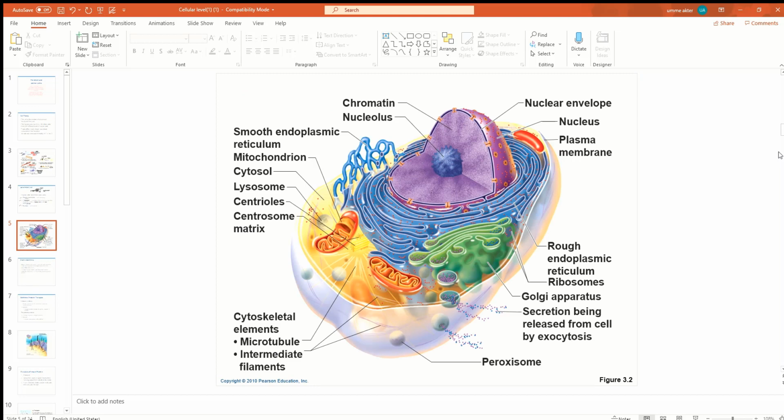let's see, this is a nice picture of a typical cell. So this is the plasma membrane or cell membrane, this is the nucleus, okay, and in between in the cytoplasm you have the organelles. You see different colors.